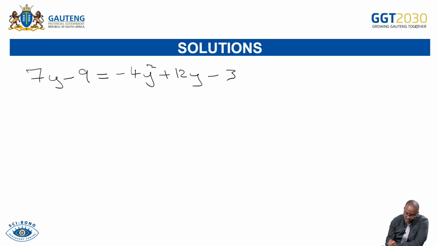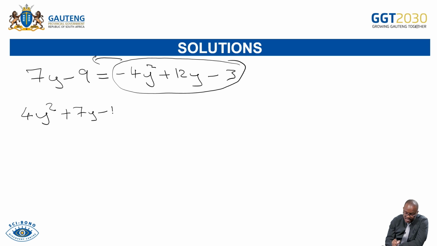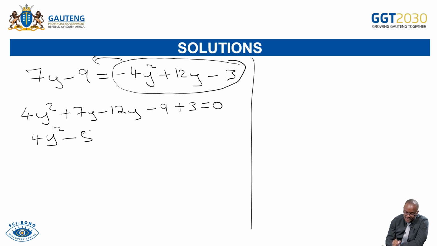Then we take everything and transpose it, which is going to be 4y squared plus 7y minus 12y minus 9 plus 3 is equal to 0. So now we're going to have 4y squared minus 5y minus 6 is equal to 0.